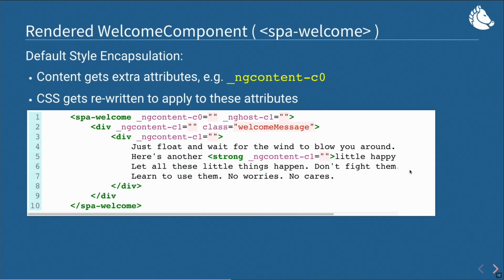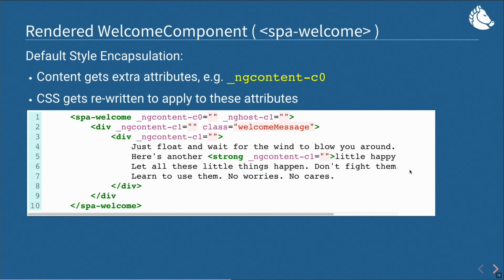And then when that template is rendered, it looks something like this. And if you notice, those original tags are still there. So you see the spa-welcome tag there, and it's got a bunch of funny business going on here. And what this funny business is, is the CSS encapsulation.